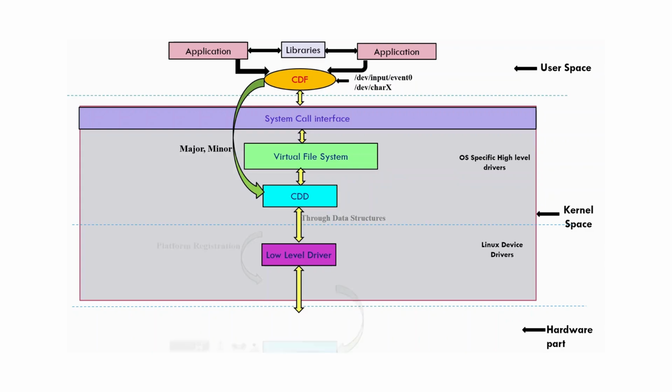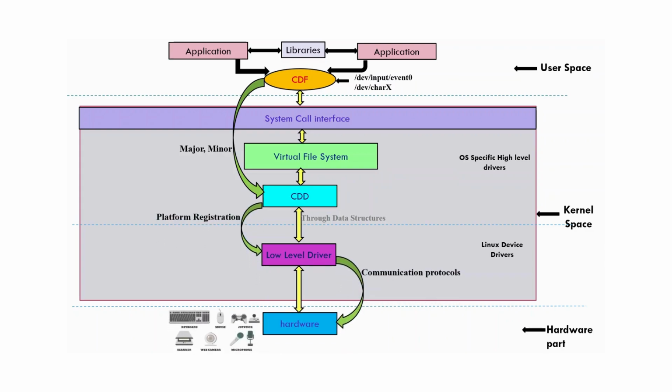The flow is like this: through the system call interface it interacts with the CDD, the character device driver. The CDF and CDD are connected through the major number and minor number. Between the CDD and CDF we have the virtual file system, and cdev_add and cdev_init register the character device driver. The CDD interacts with the low level driver through platform registrations and data structures.